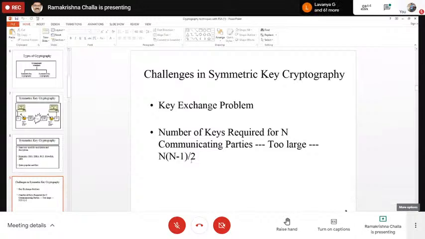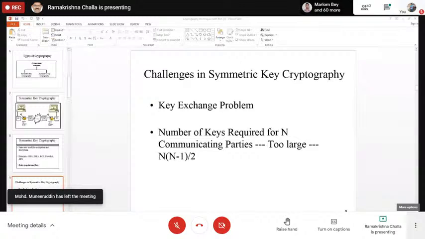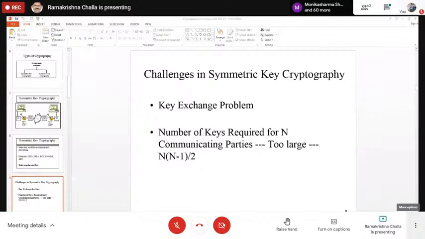What is that? Actually, I am not able to see the chat window. Sir, we have answered in the chat section. Okay, somebody has written 5 billion, somebody has written 1 billion keys. How did you get this number?